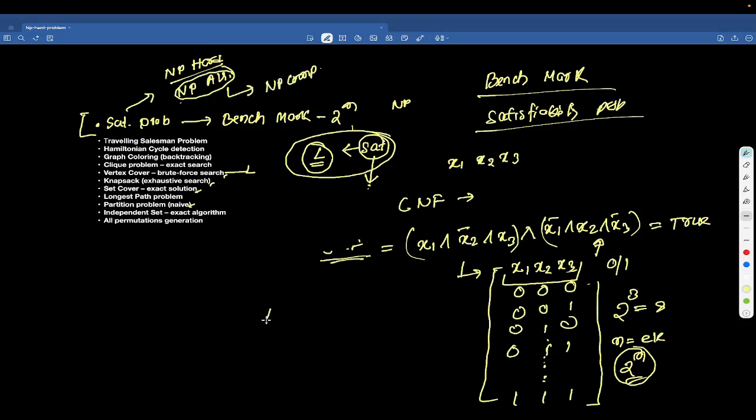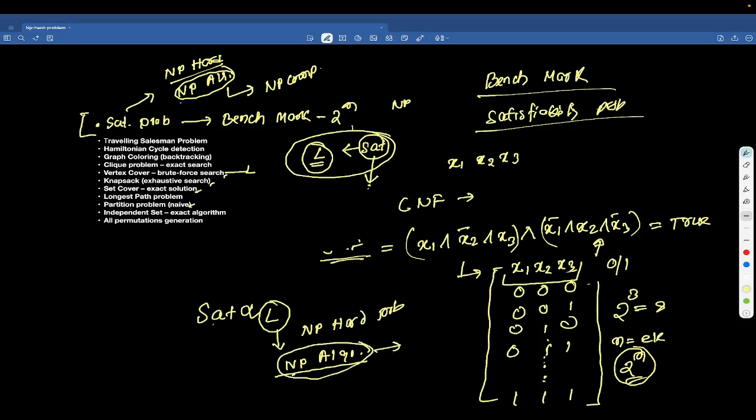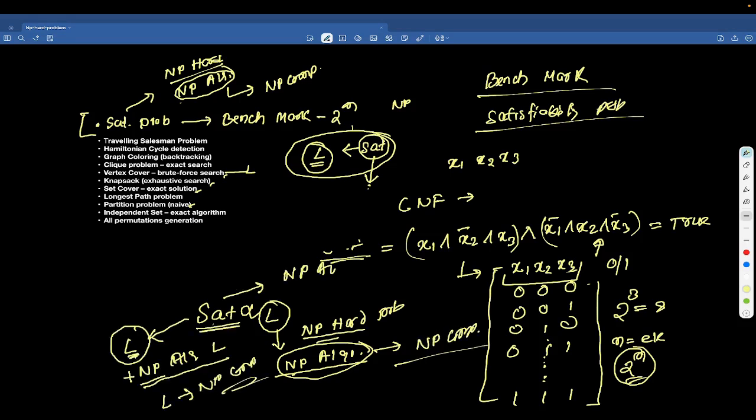So any problem L which can be converted into a satisfiability problem, then L is also called an NP hard problem. Apart from that, if I can construct one non-deterministic polynomial algorithm, then it becomes an NP complete problem. This is the primary definition of NP hard and NP complete problems.